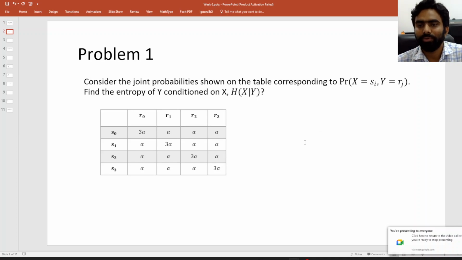Consider the joint probabilities shown on the table, corresponding to the probability that X equals si and Y equals rj.